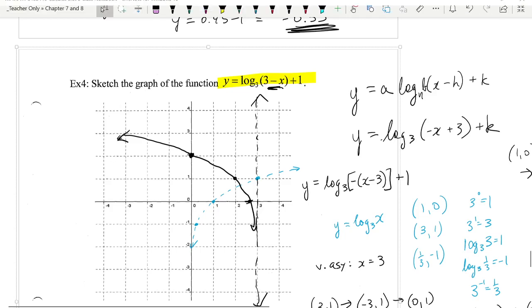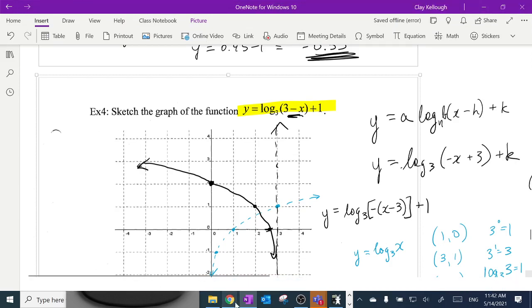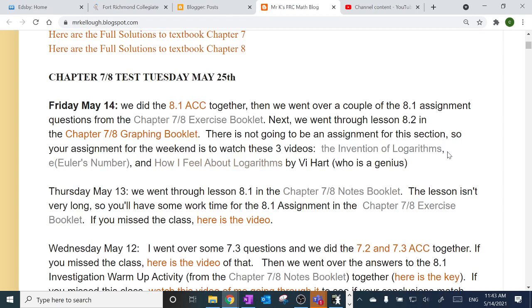So if you're caught up on everything, you're homework free for the weekend, but I did put on the blog that if you're not caught up on everything, of course, go back and work on the 7.3 and 8.1 worksheets. If there's people going, oh, I finished the 8.1 assignment, but I really could use more practice, I'm going to update this blog post and I'll put an optional worksheet that you can download and work on if you want just more practice on 8.1.